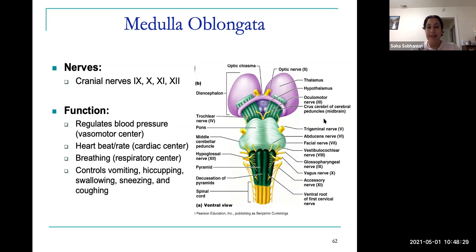If I ask you what is the function of the medulla oblongata, your answer should be, keywords here, guys: primary respiratory center, primary cardiovascular center, which basically means it controls heart rate and blood pressure.